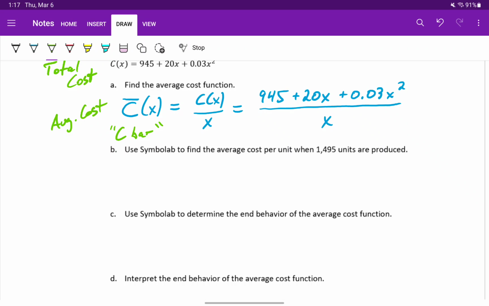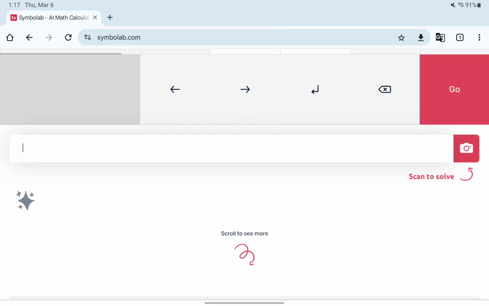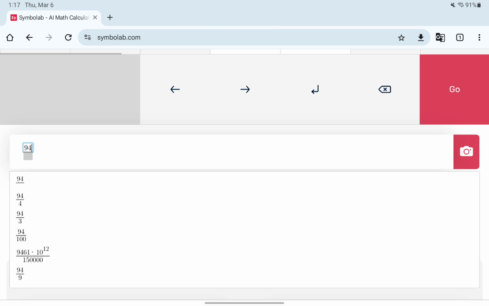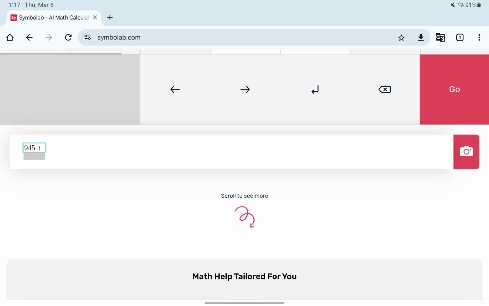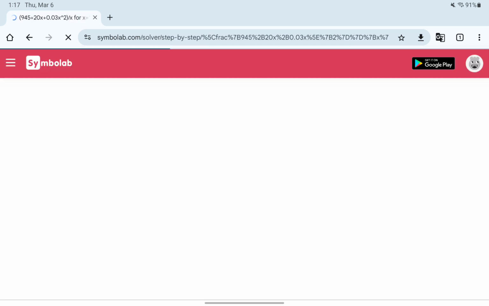In part B, we want to find the average cost per unit when 1,495 units are being produced. So we'll enter our average cost function and evaluate that for X equal to 1,495.